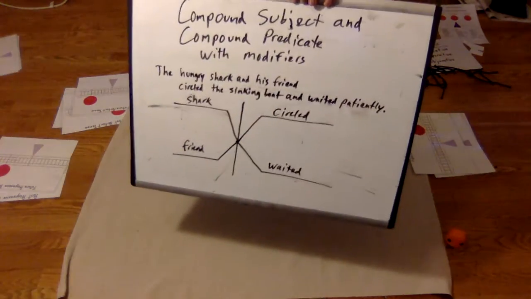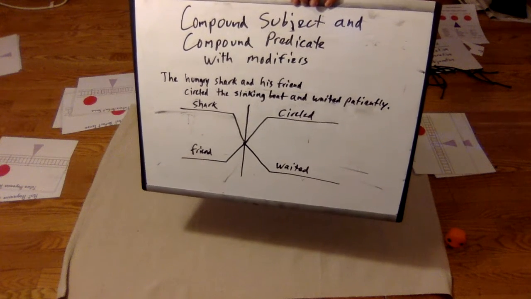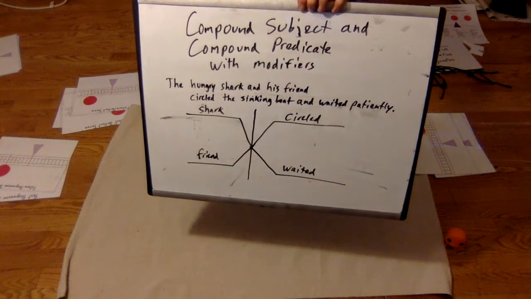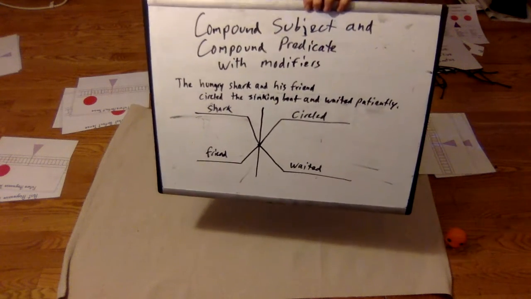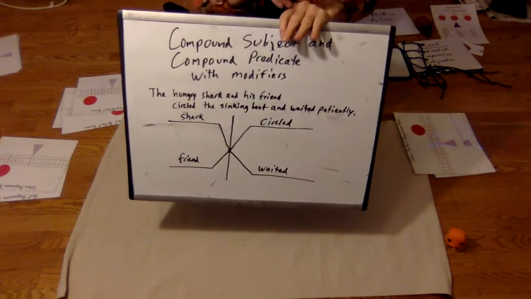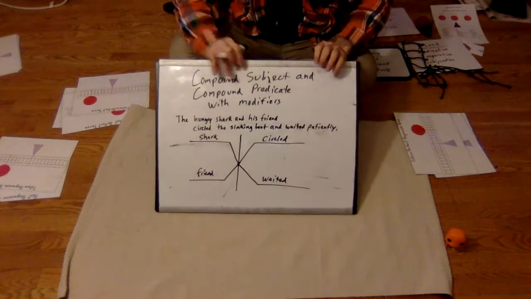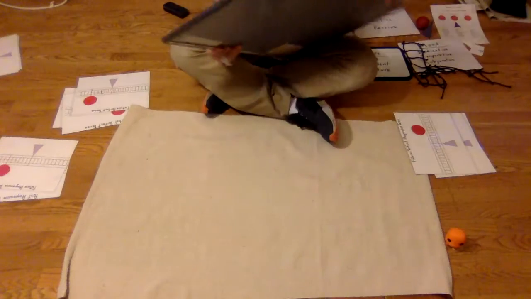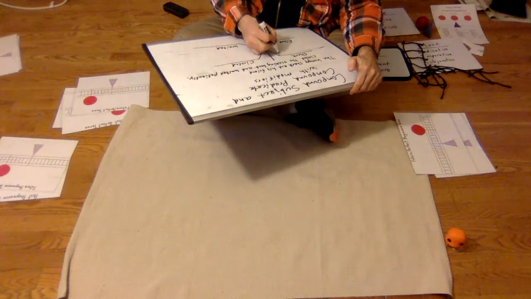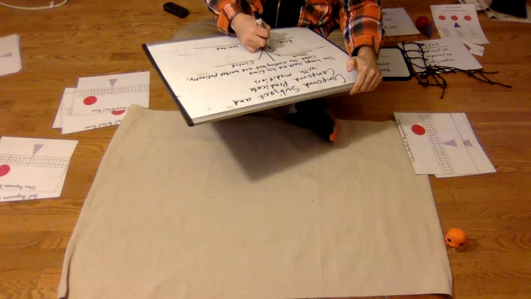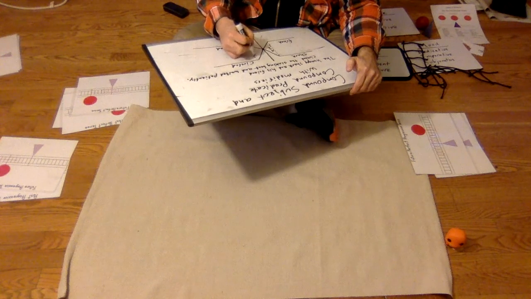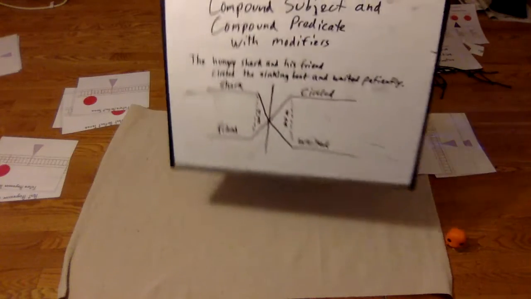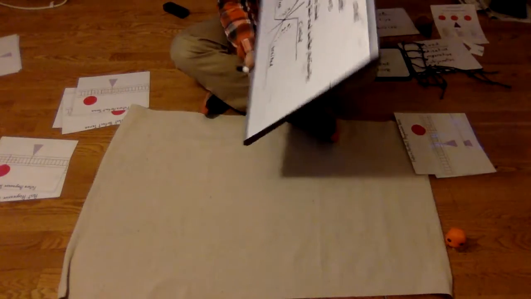Notice, when I do this, I always start with my subjects and my predicates. Let's not complicate things by putting words not where they're supposed to be. I always have my subjects on this side and my predicates on this side. So let's add our ands. Circled and. So now I've got my ands there, my conjunctions.